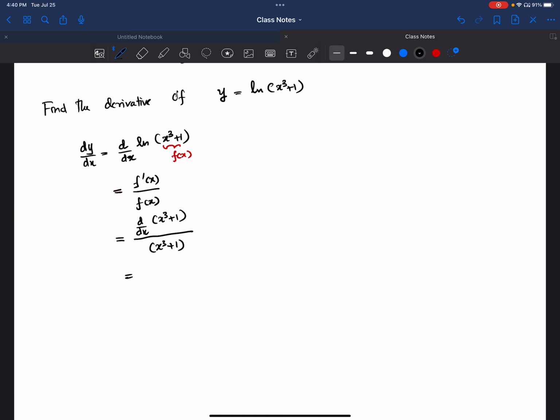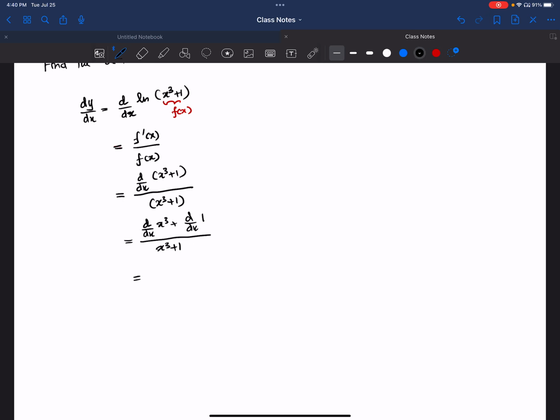If I use the summation rule, it's going to be d over dx x cubed plus d over dx 1, divided by x cubed plus 1. The first term is 3 times x squared plus 0, divided by x cubed plus 1. And then you get 3 times x squared divided by x cubed plus 1. That is dy over dx.